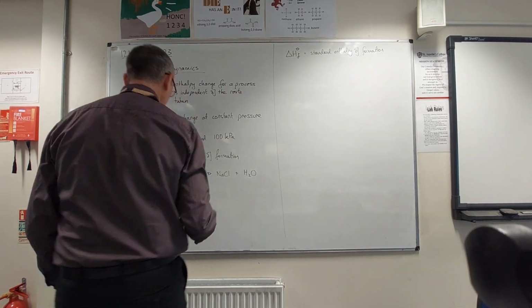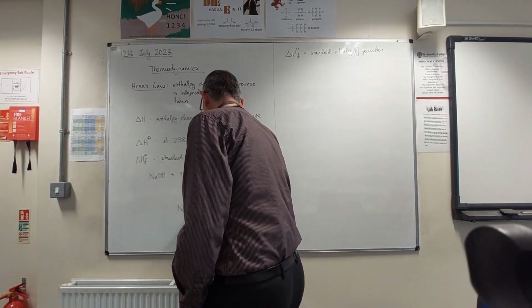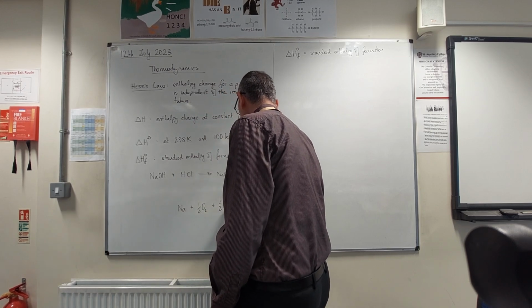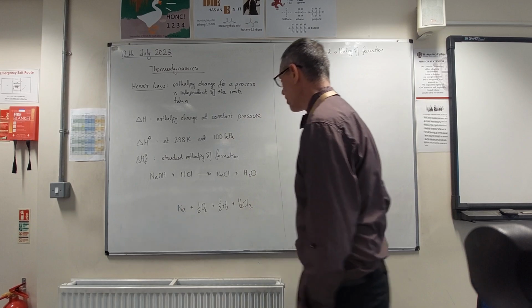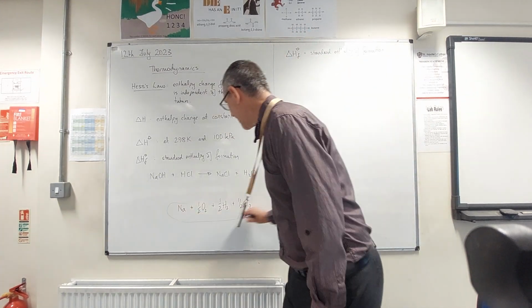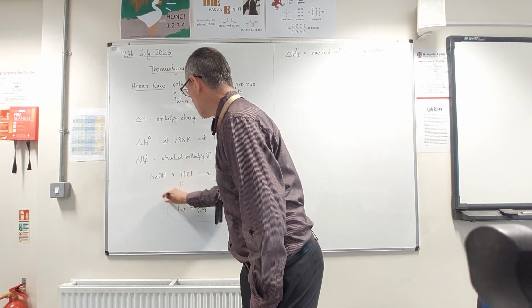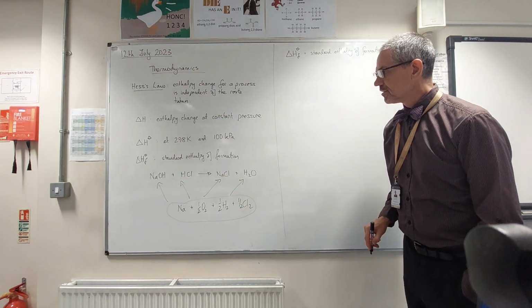I've got sodium, and I've got half an O2 molecule, I've got half an H2 molecule, I've got half a Cl2 molecule. So those are my elements down there, and those elements go to make all of the different compounds there.